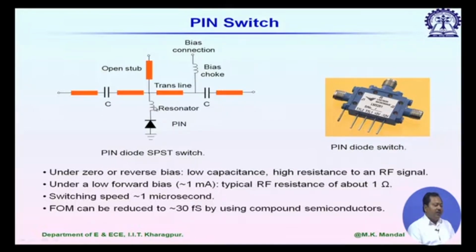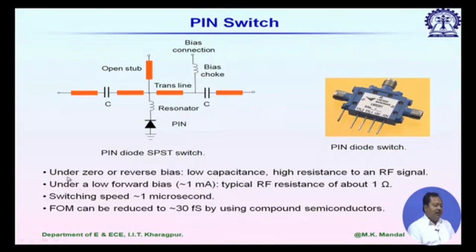In addition to this, we have an open stub for matching purpose, and sometimes we use a very small value of inductor that can improve the isolation condition. We will see later when we discuss electronic switches.